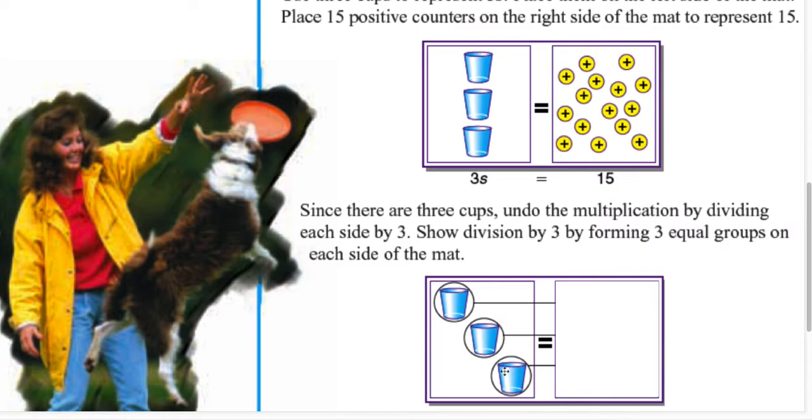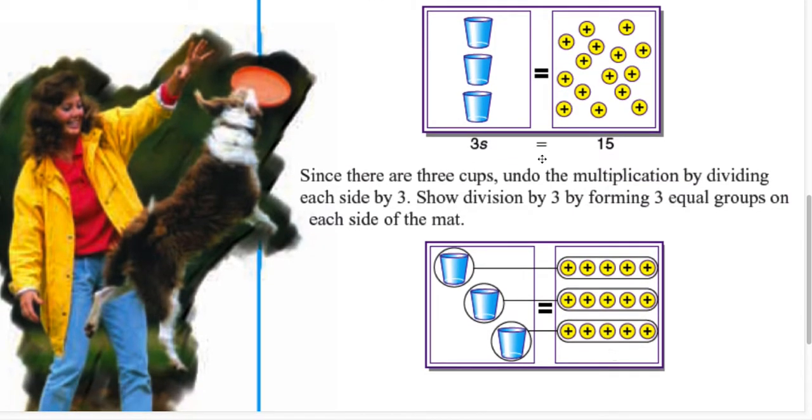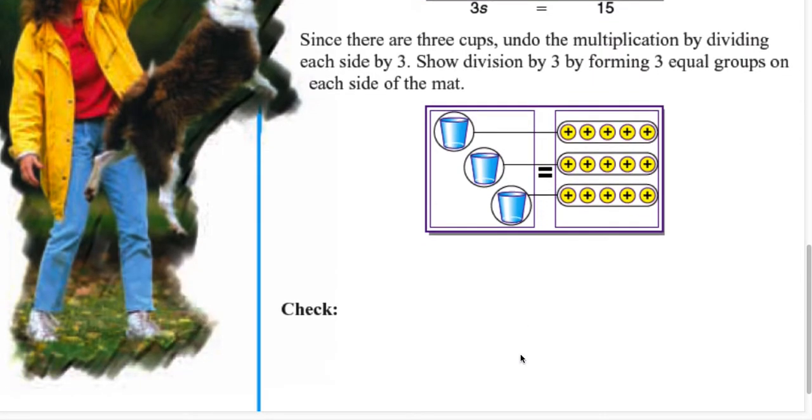So we divide 15 by 3 as well, and you have 3 groups of 5. So we basically did 3s over 3 equals 15 over 3. The result is s is equal to 5.